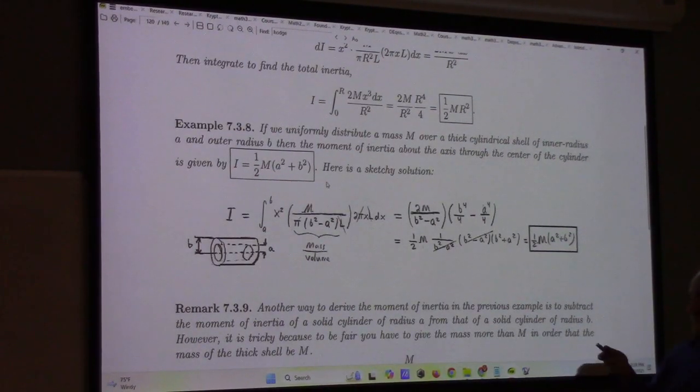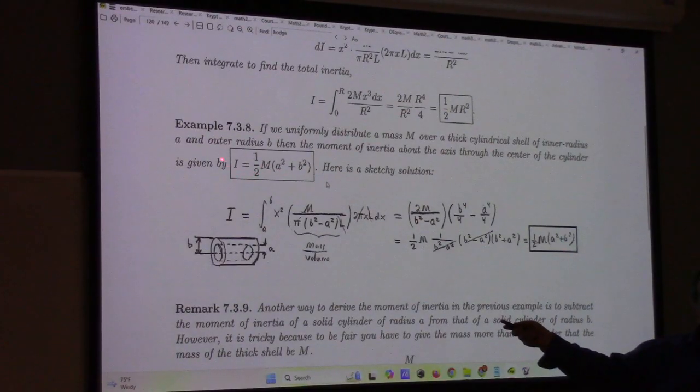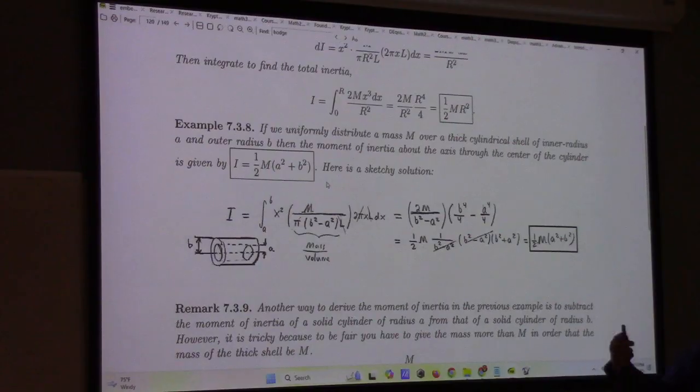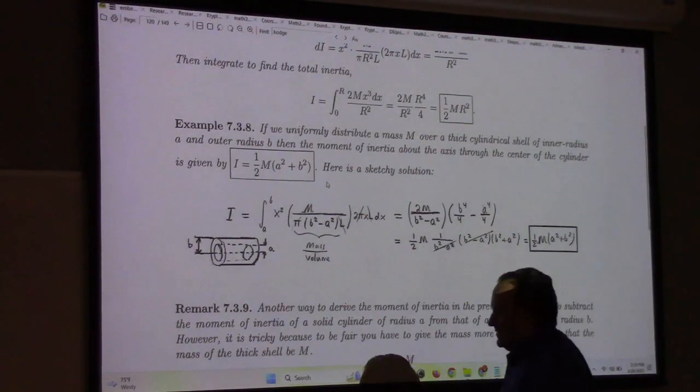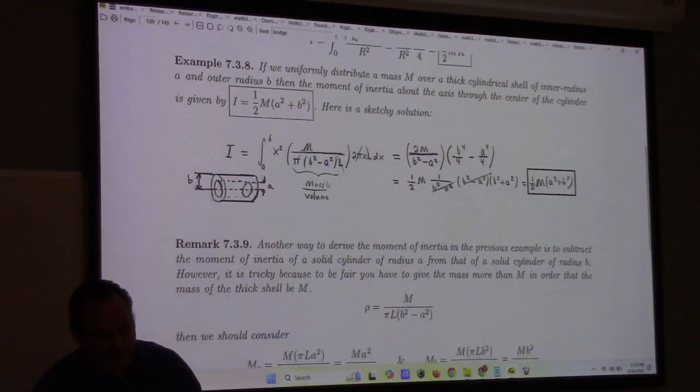In the limit that a and b both go to r, this becomes 1/2 m (r squared plus r squared), which is just mr squared, the cylindrical shell example. On the other hand, if we put b to 0, we're back to 1/2 ma squared, the solid cylinder. So this formula naturally picks up both of the previous examples as special cases.